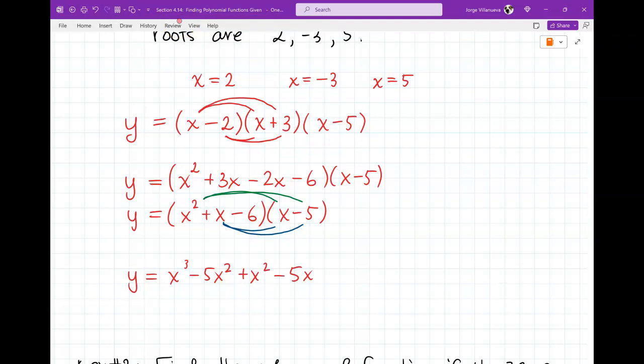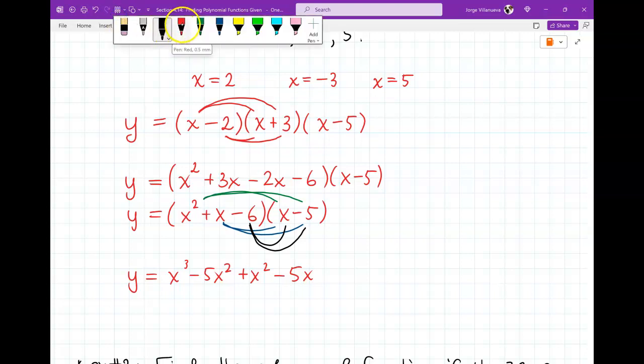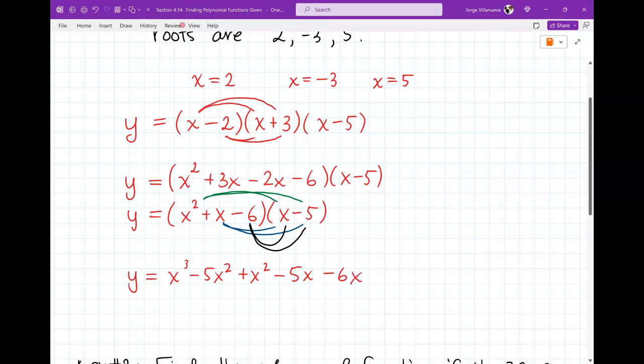And now let's do the -6 term, the last term. You'll notice I kind of exaggerate the loops whenever I draw them for the last one, or else you kind of get lost. So -6 times x is -6x. -6 times -5 is positive 30.